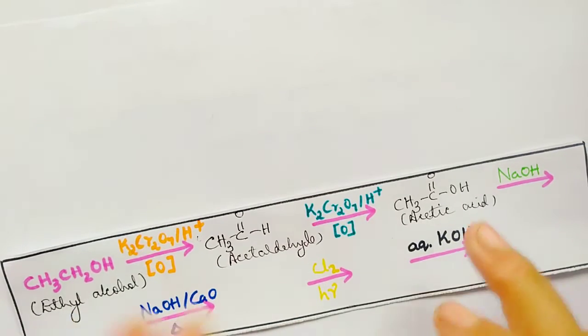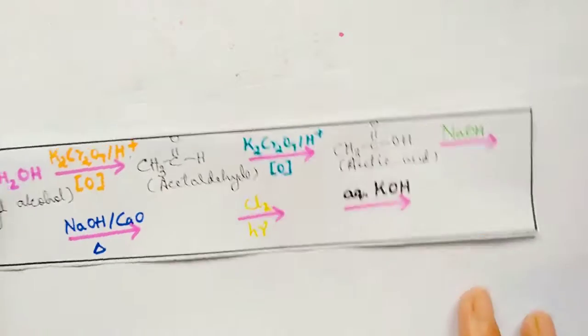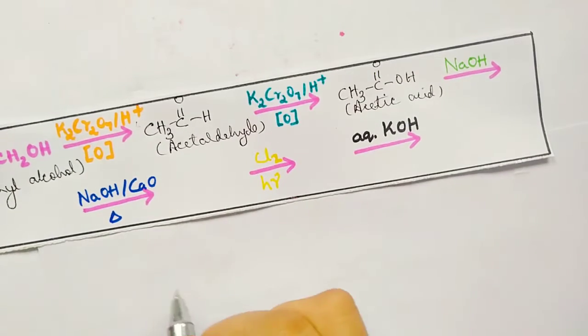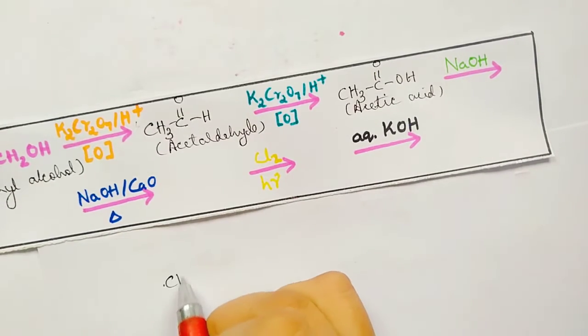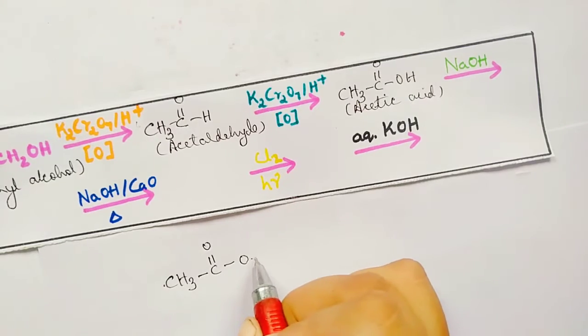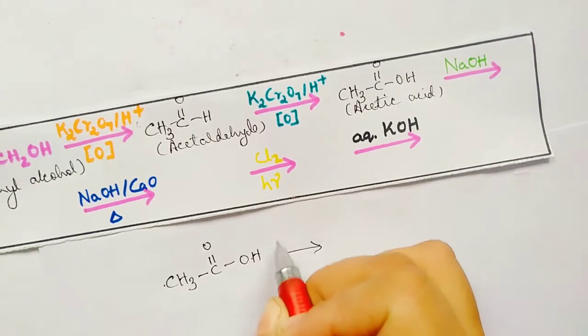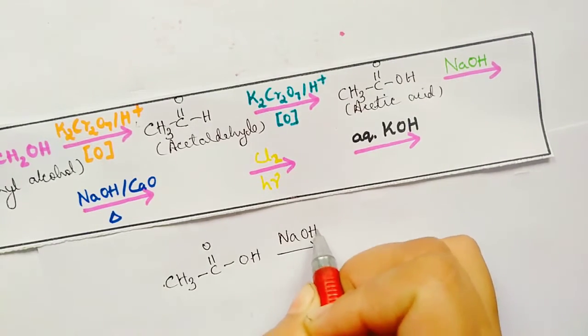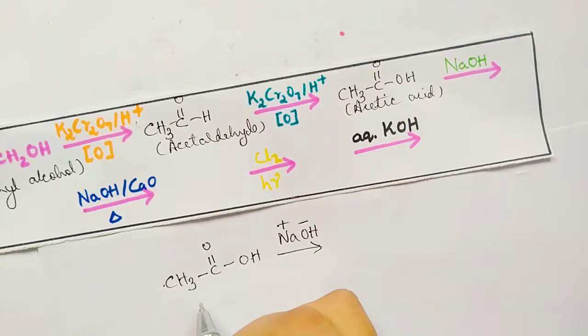Let me start from this one. I have my acetic acid, CH3COOH, with sodium hydroxide. Here this is positive, this negative, negative, positive.